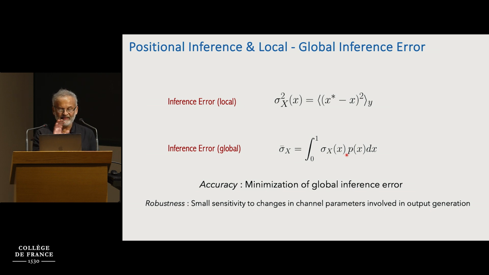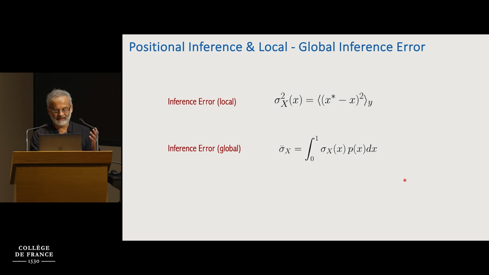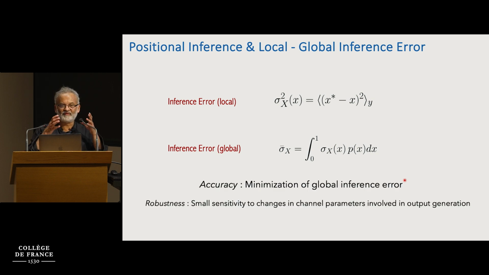That is, if I make slight variations of the parameters, that should not change the inference error at all, or only very slightly. So this is a global objective function, whereas the computation is done locally. That's what I meant by a distributed system. You're locally reading the information from the morphogen, doing the computation, and each of these cellular outputs goes to compute a global inference error which the tissue is trying to minimize.